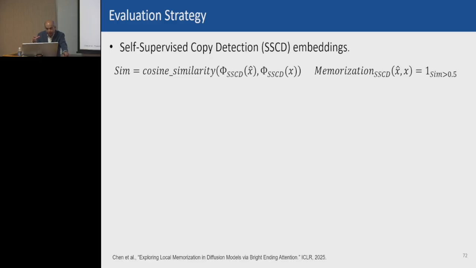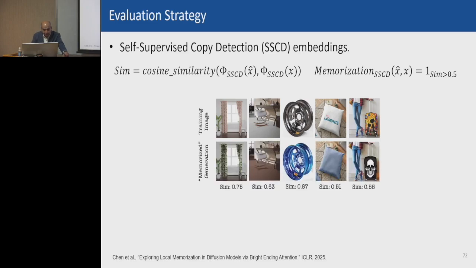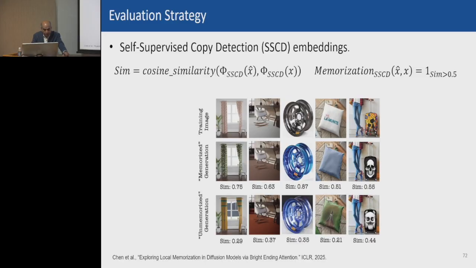If the similarity is more than 0.5, we say this is memorization. That's a very simple method. These training images here are memorized because they are above 0.5. But here, they are below 0.5, and the method will declare these are not memorized, though actually they are very similar. That's a problem in the existing method: this simple self-supervised copy detection doesn't work for local memorization.